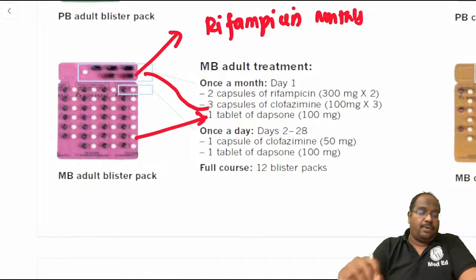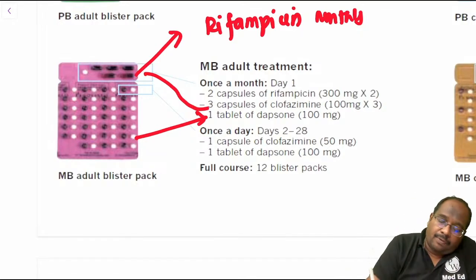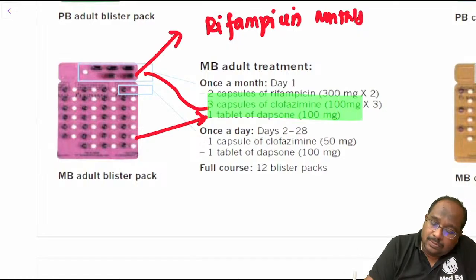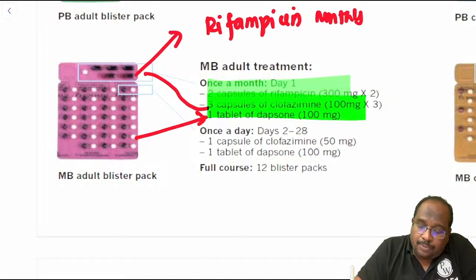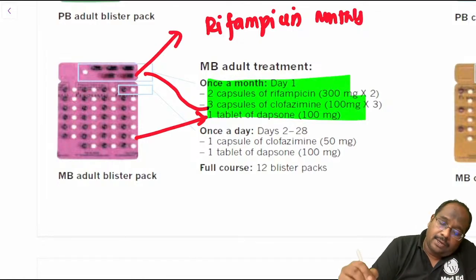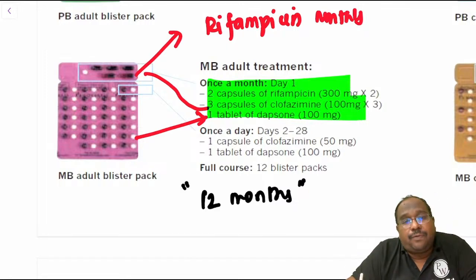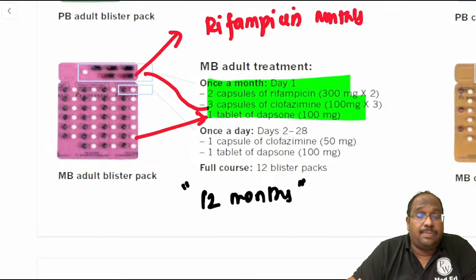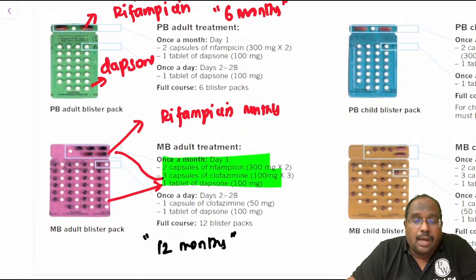Rifampicin you will provide monthly, guys, but dapsone and clofazimine you will provide daily. For how long? 12 months. So multibacillary you will provide for 12 months, and paucibacillary for 6 months. This is the treatment for adults.